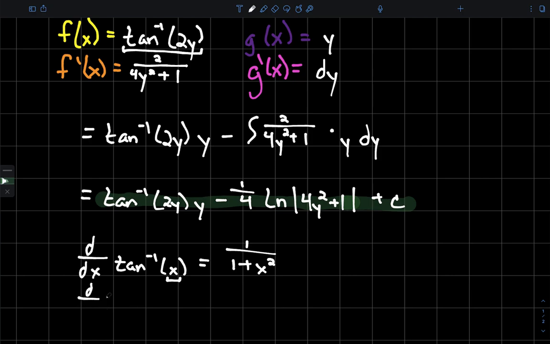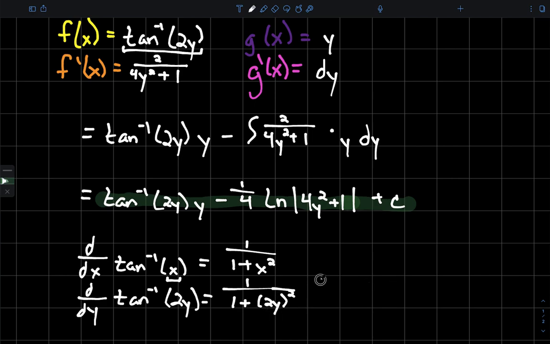So instead we would have dy of arctan of 2y is going to equal 1 over 1 plus, plug in your 2y, squared, and we have to use the chain rule here, right, because we have 2 times y inside.